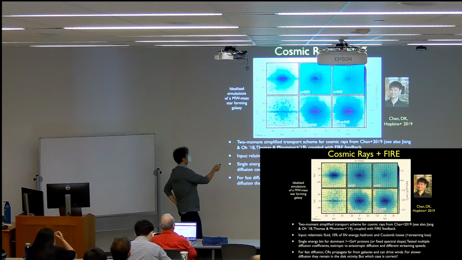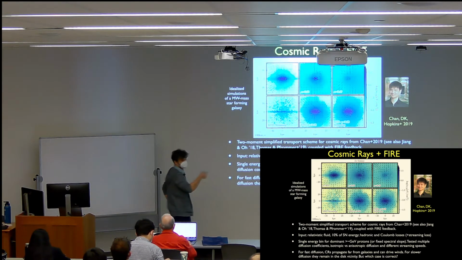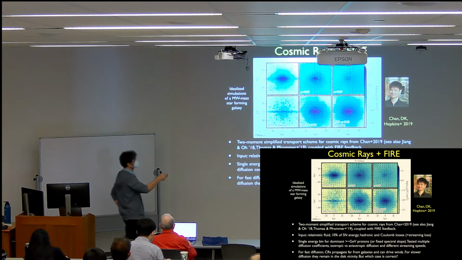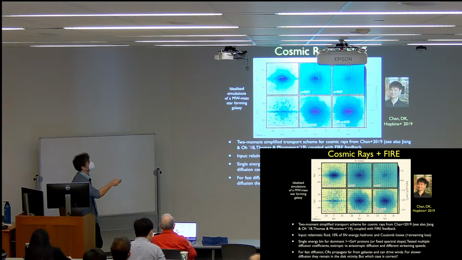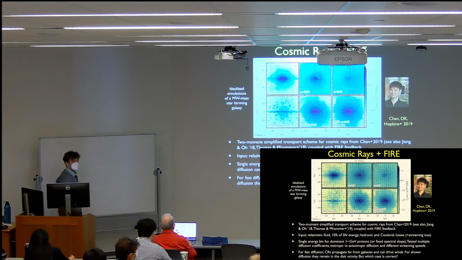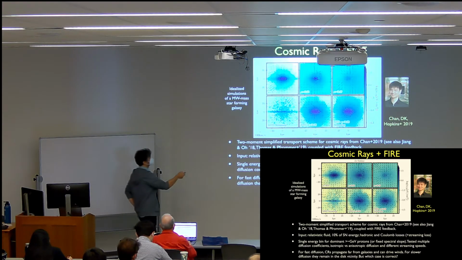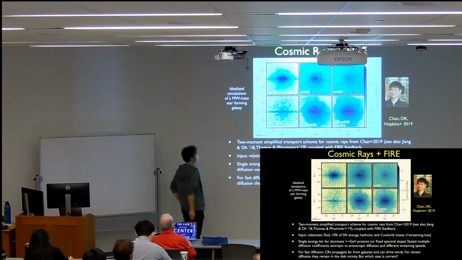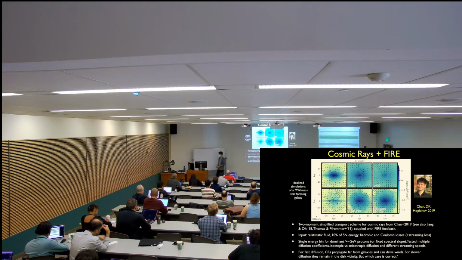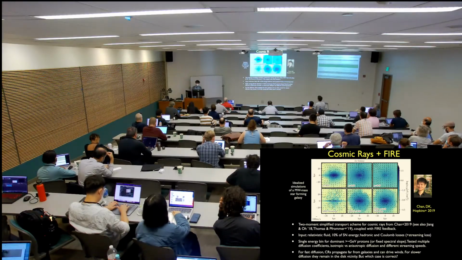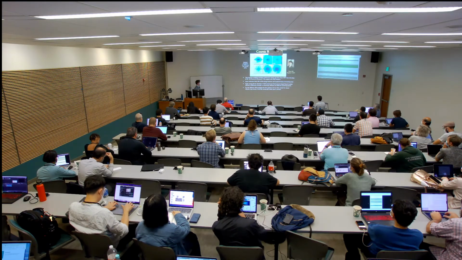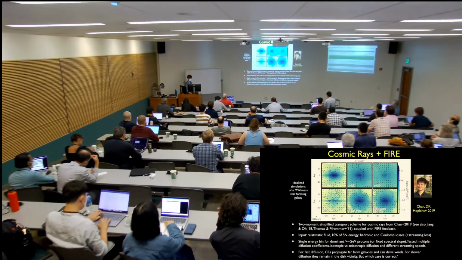So you can have a variety of outcomes. So we wanted to constrain this transport to know which one we should use to actually study galaxy populations.